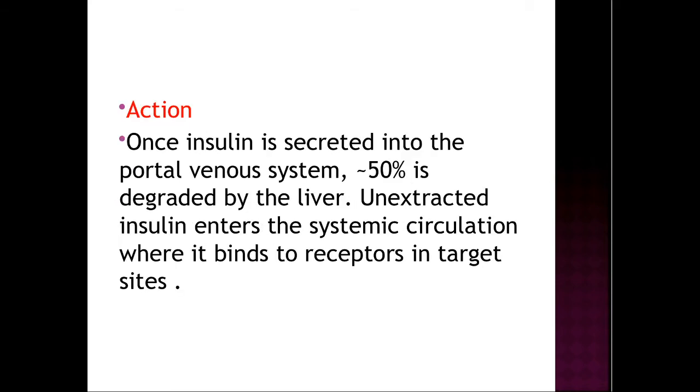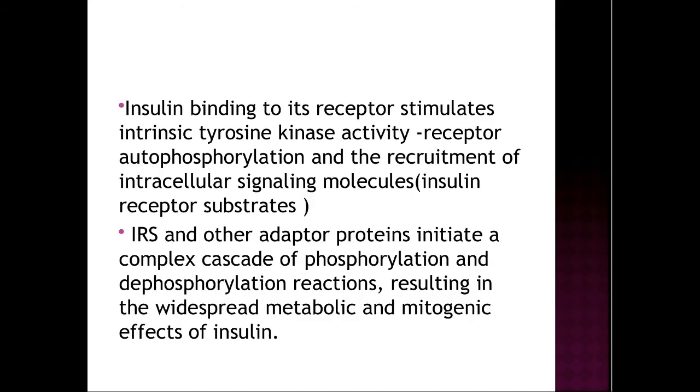Once insulin is secreted into the portal venous system, nearly 50% is degraded by the liver tissue. Unextracted insulin enters the systemic circulation, where it binds to receptors in target cells. Insulin binding to these receptors stimulates intrinsic tyrosine kinase activity of the receptors.